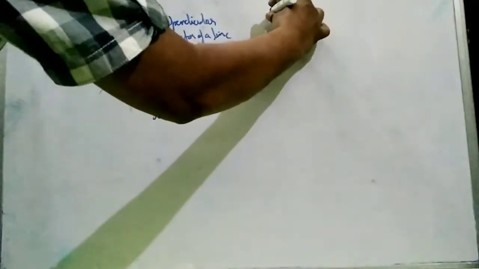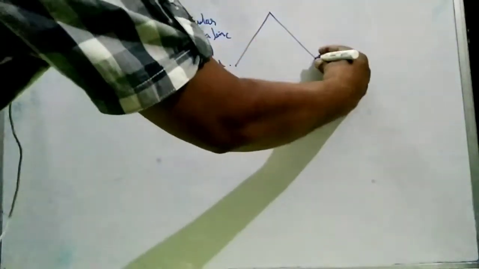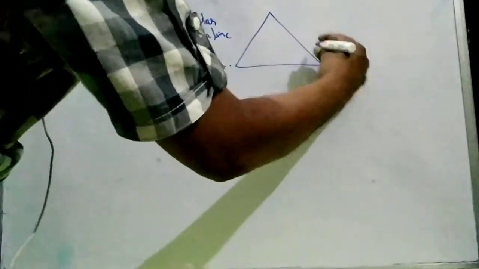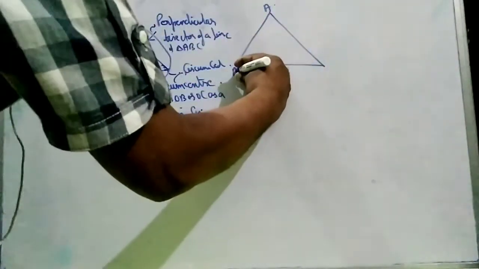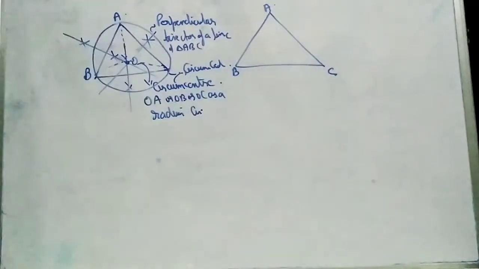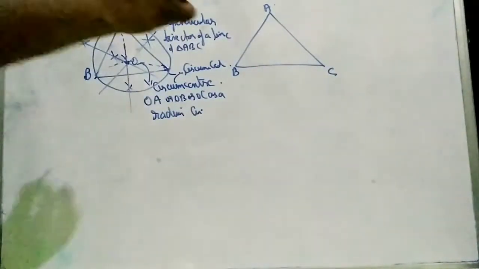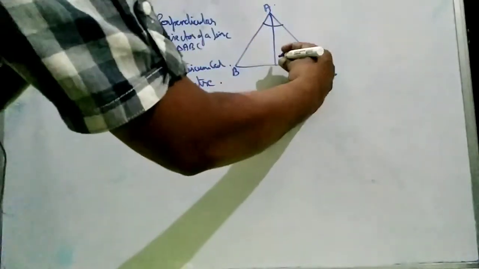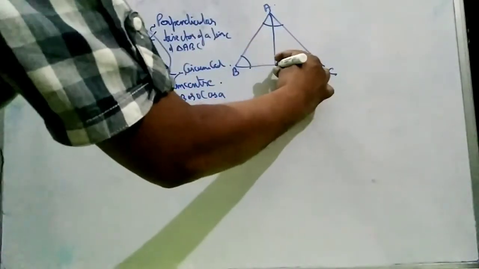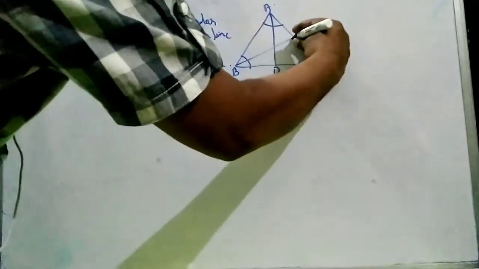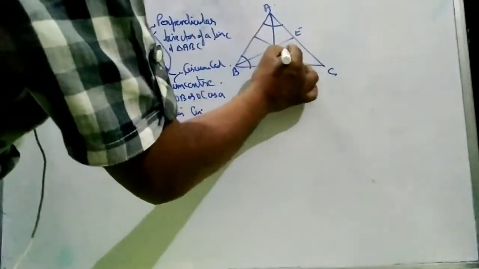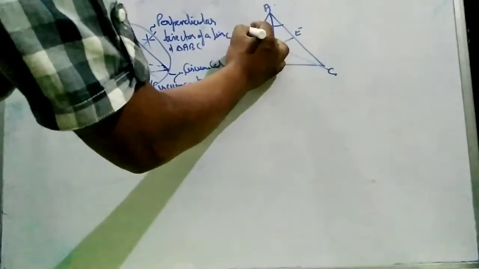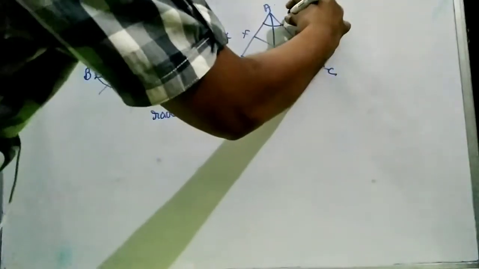Now again, if a triangle ABC is taken, and if we divide the angle into two parts like this, AD, BE, CF, these are called angular bisectors.